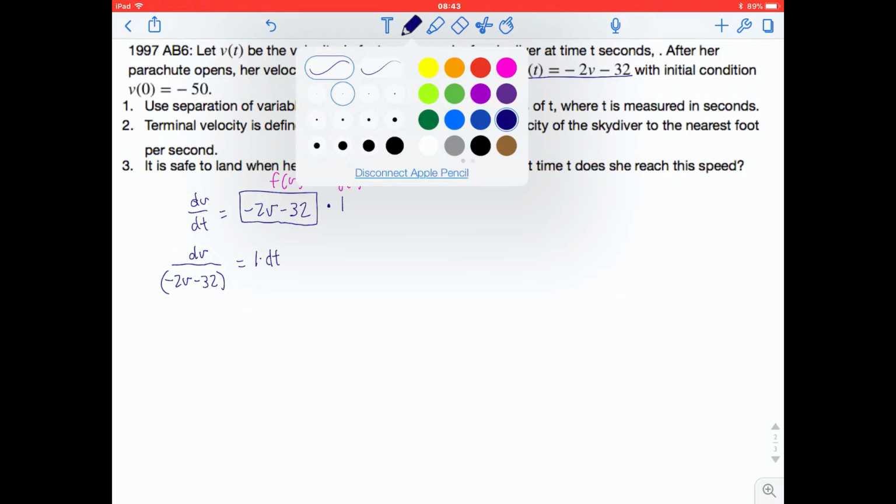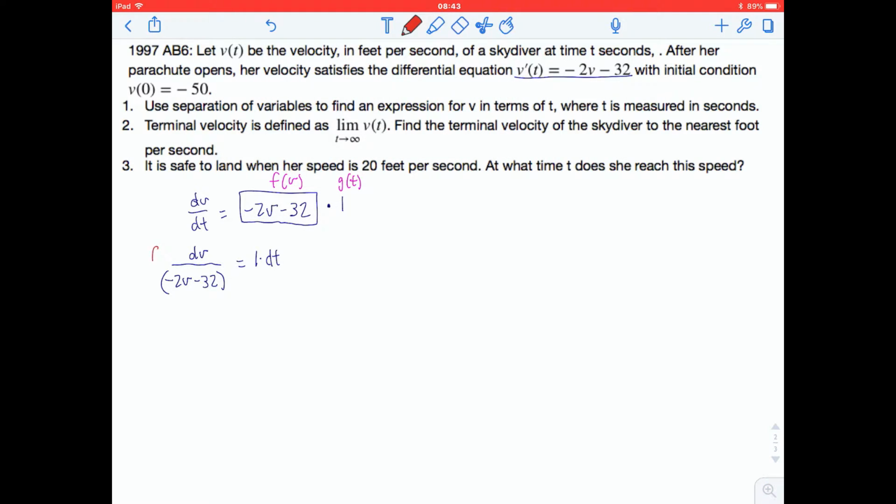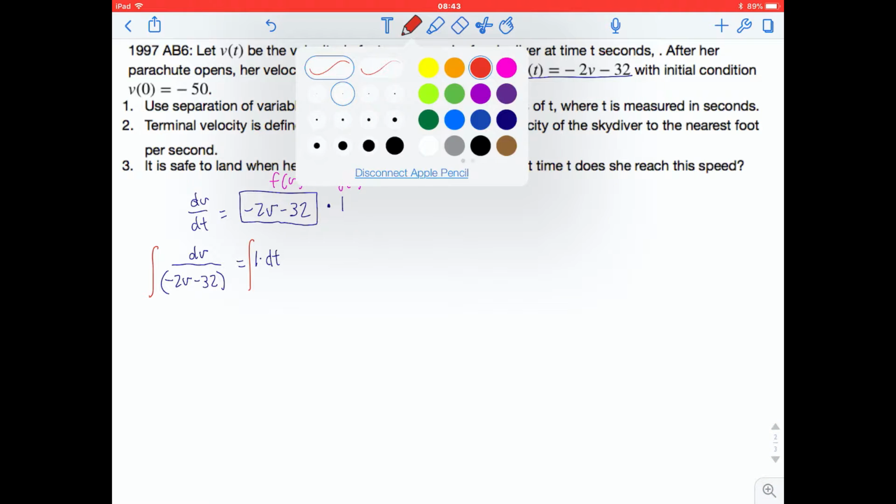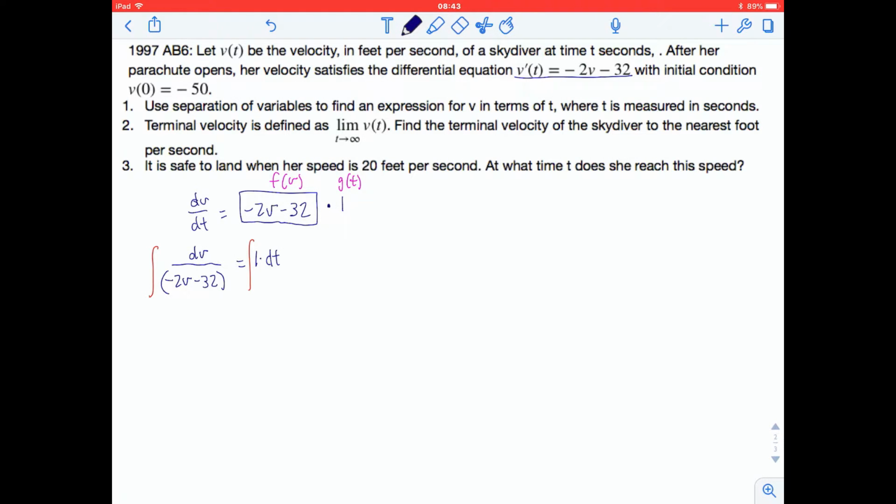Okay, so with our variables correctly separated, we can now use our indefinite integrals to solve this. Our right-hand side is pretty straightforward. This just becomes a t, and we'll add in a constant on the left-hand side. On the left-hand side, we need to come up with an integral of 1 over negative 2v minus 32 dv.